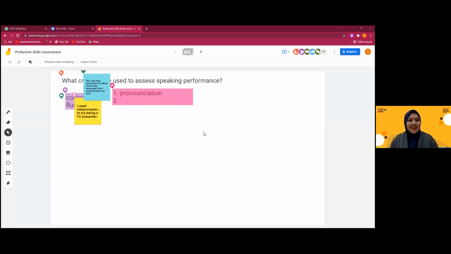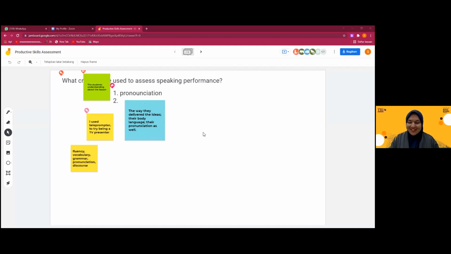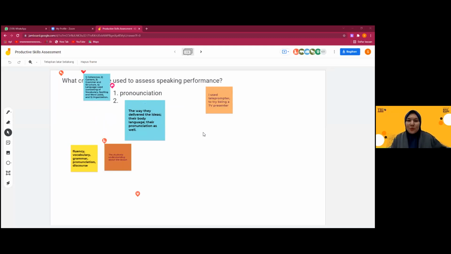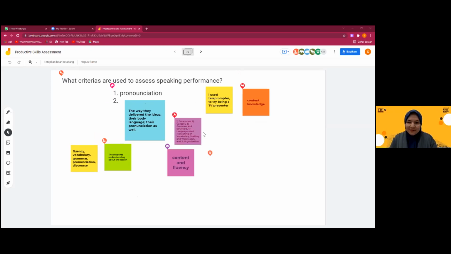Bapak Ibu can access the link on the chat box. You can go to Jamboard. Okay, content, fluency, yes. Fluency, vocabulary, grammar. Okay, wow. You're all experienced teachers. Very great to know that. Okay, do not forget the second slide.